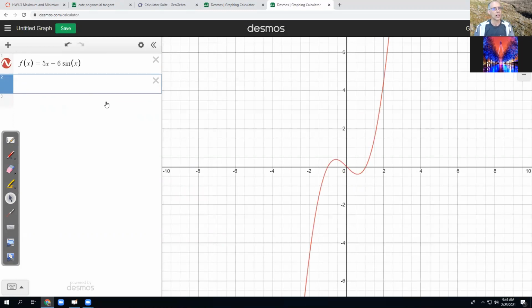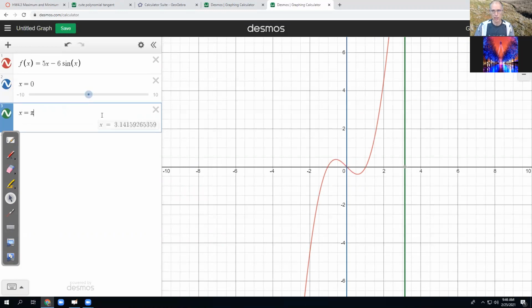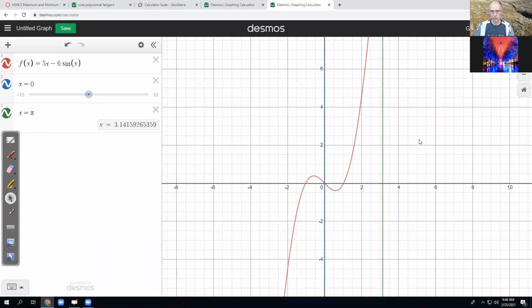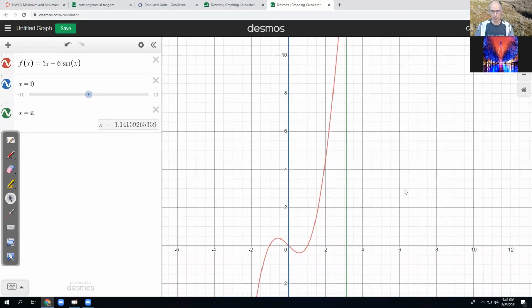And then we are on the interval from 0 to pi, so I kind of want to see that. x equals 0, throw in some boundaries. x equals pi. So I'm only looking between those 2 lines there. That's all I care about.